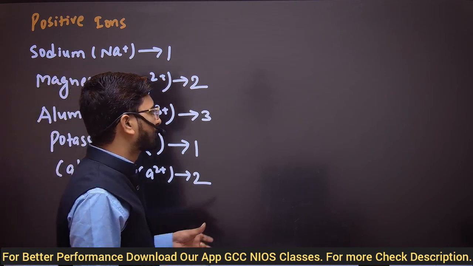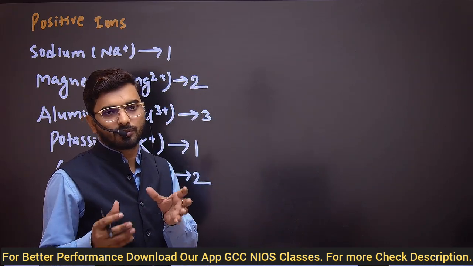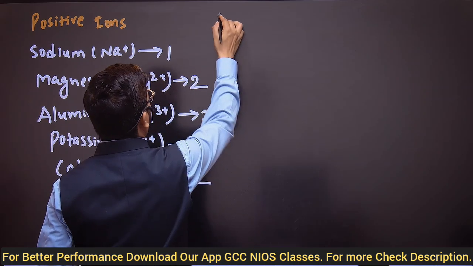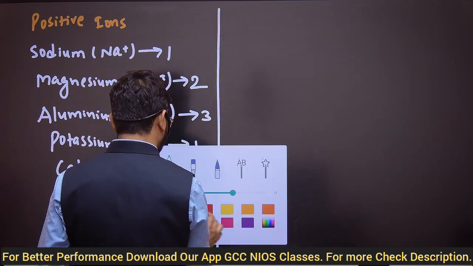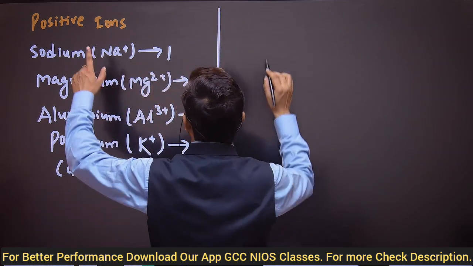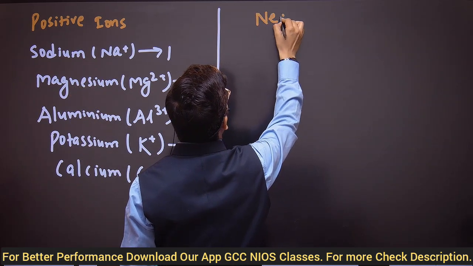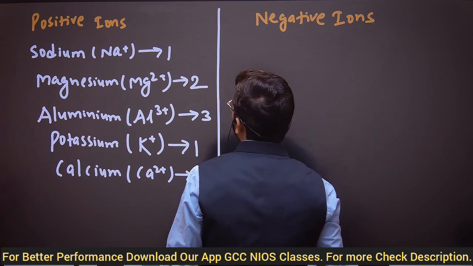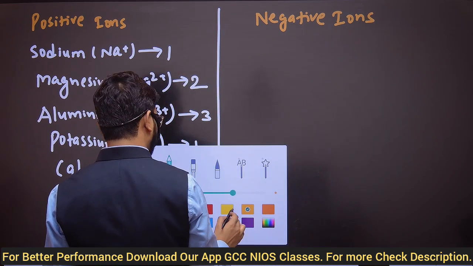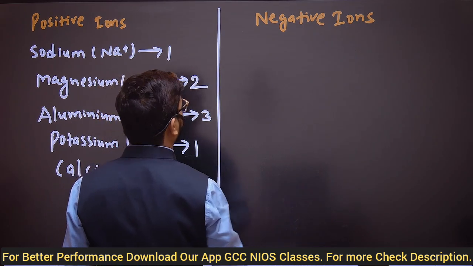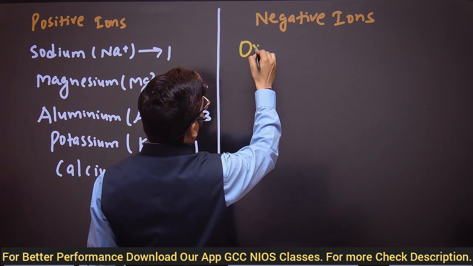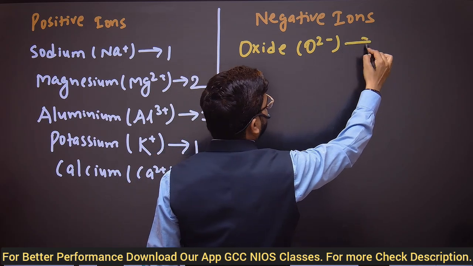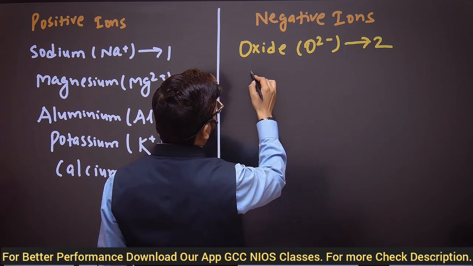For making formulas, we require a few positive ions and a few negative ions. Now in this part, the negative ions are written, right? The famous one is oxide, O2 minus with valency 2, right?